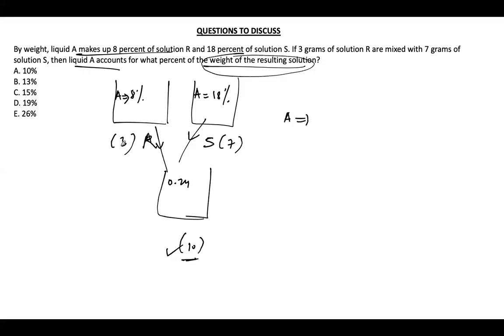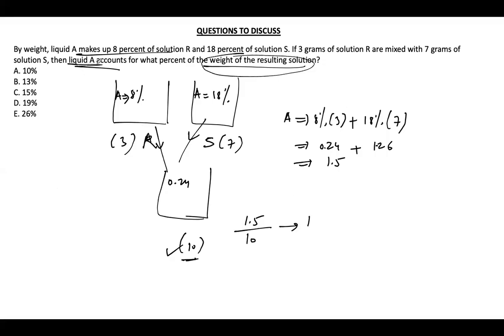So A accounts for 8% of 3 plus 18% of 7. 8 threes are 24, 18 into 7 is 126, which is 1.5 of the total 10. So 1.5 upon 10. So liquid A divided by the weight of the resulting solution, which is 10. So 15 by 100, which is nothing but 15%. Very good.